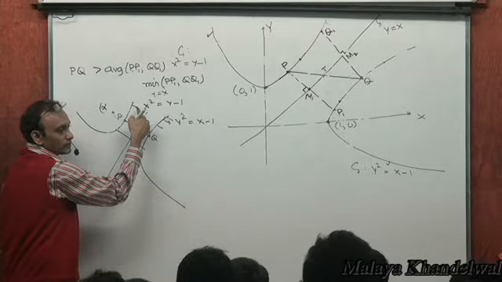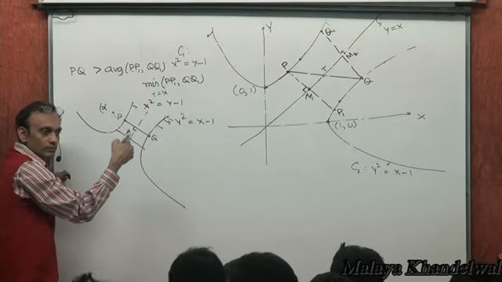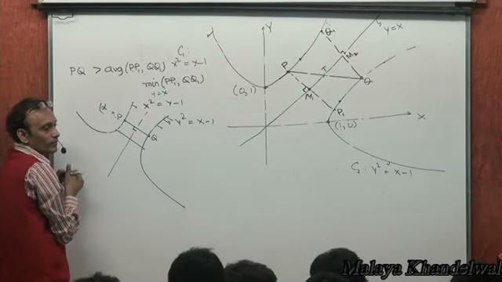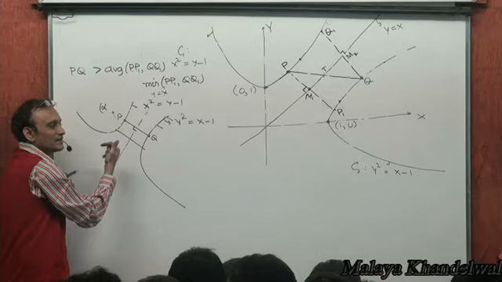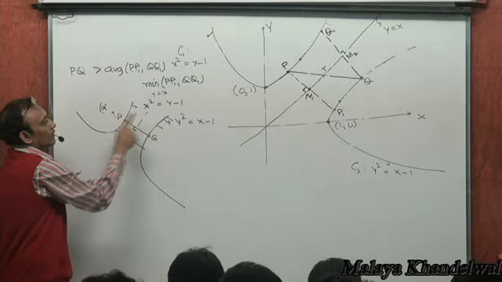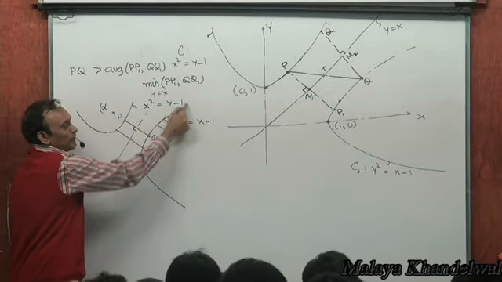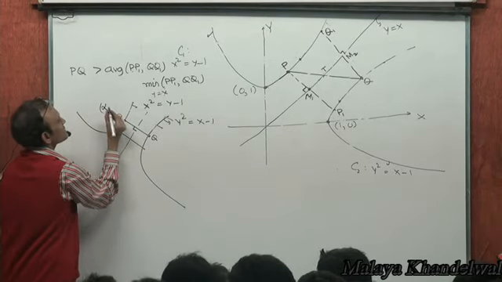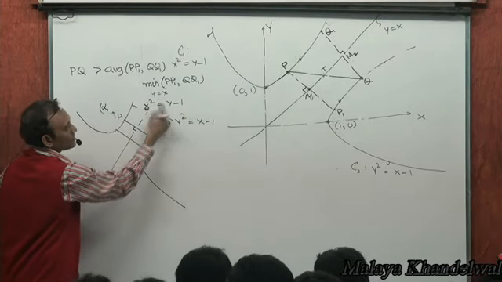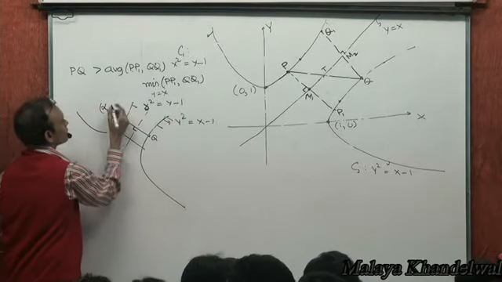Alpha squared plus 1, isn't it? Let's see, we'll figure out. If x is alpha, y would be alpha squared plus 1 for this point P, yes or no? Yes, sir. Put x equal to alpha, so y becomes alpha squared plus 1.